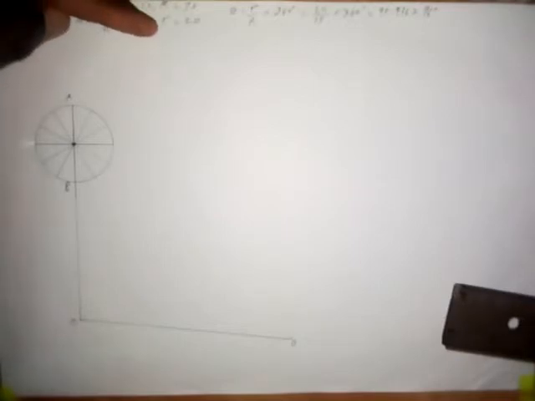Now, the second thing that you need to do is to add the radius of the base circle and the diameter of the rolling circle. You add them together. Here, the radius of the rolling circle that we are using is 20 mm, and the radius of the base circle is 75 mm.